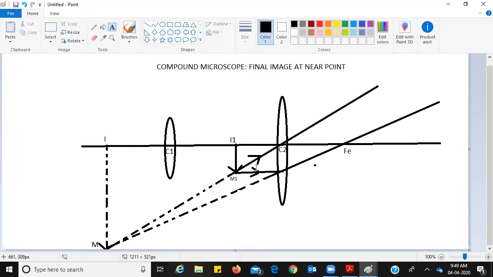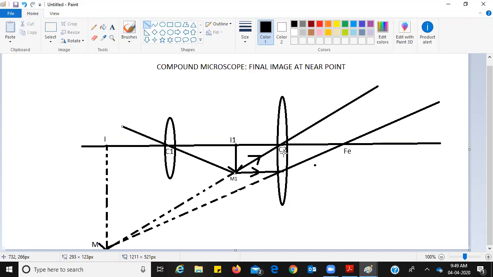Now I'll follow the same rule for this lens also. Remember what I did here? From M, one light ray was passing through C2, right? Now from M1, one light ray will pass through C1. And from M1, the second light ray again will pass through one point here, but again I'm deciding how much height.